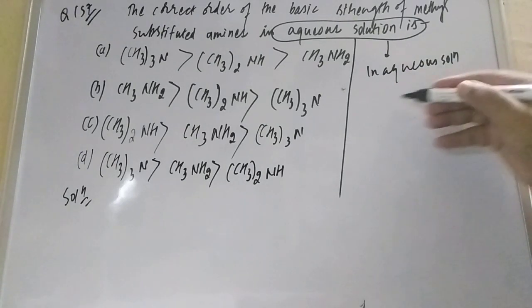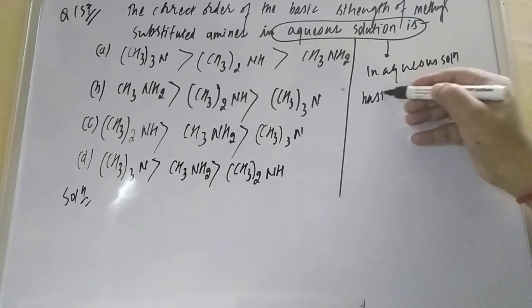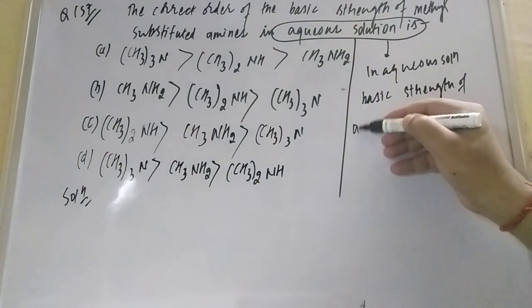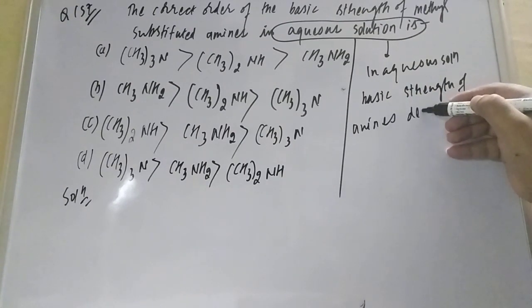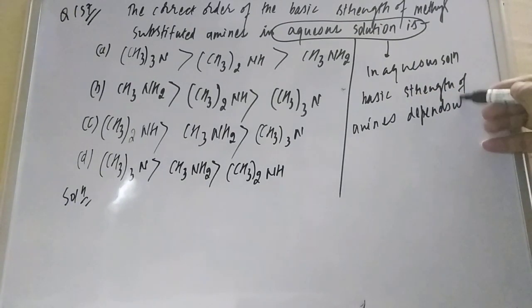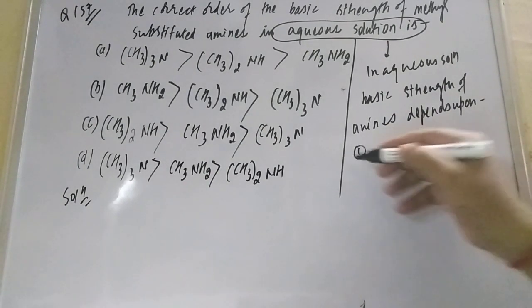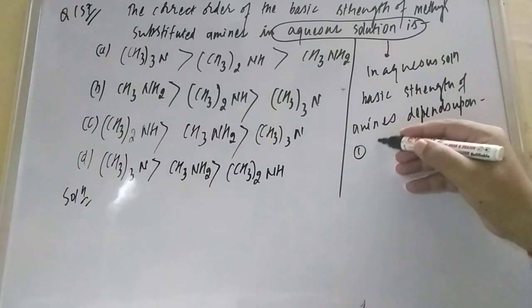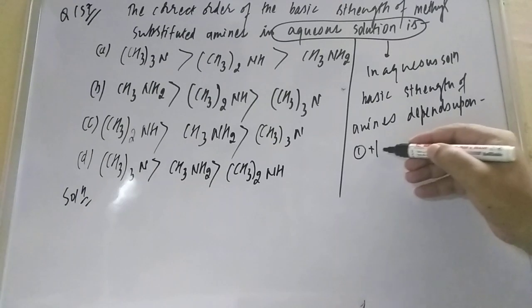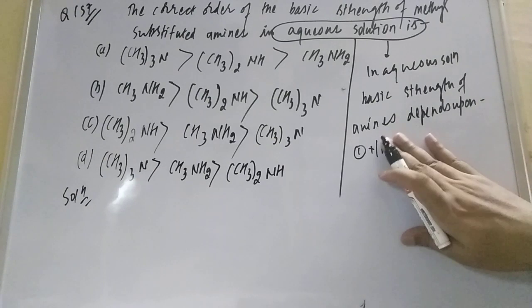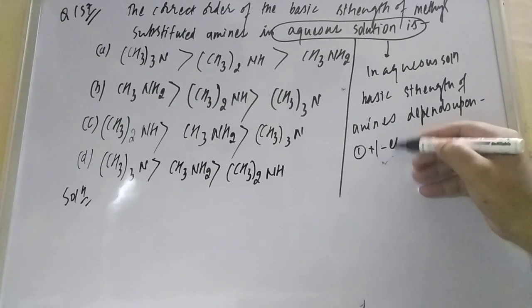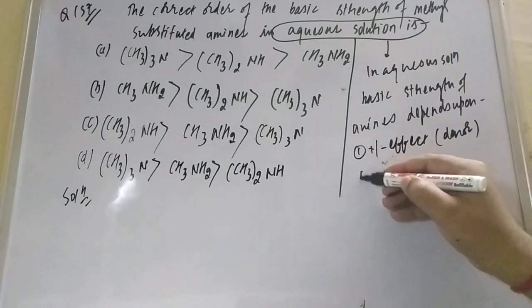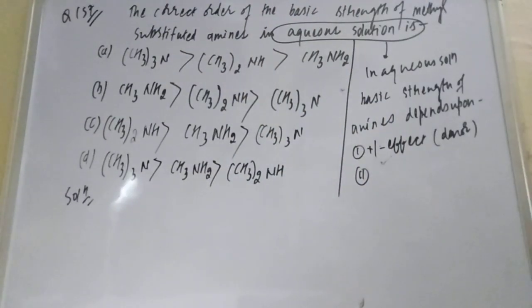In aqueous solution, the basic strength of amines depends upon how many factors? The first one is the inductive effect, the plus I effect, which means the donor effect, because the methyl groups are all electron donating.